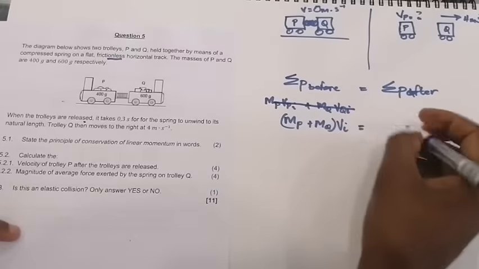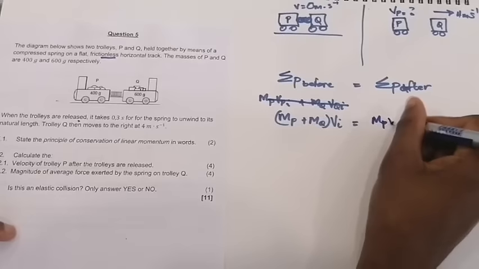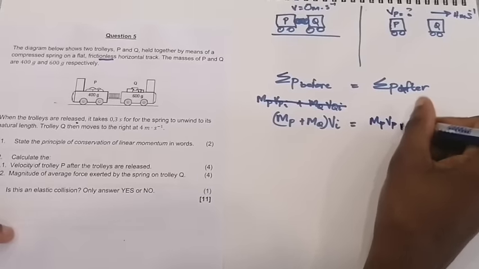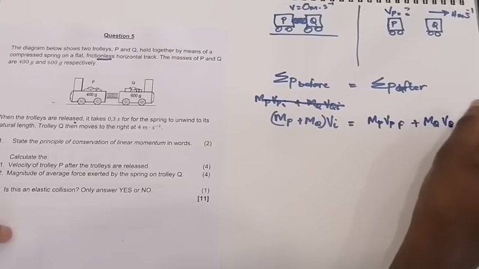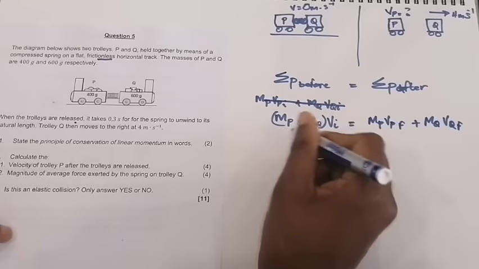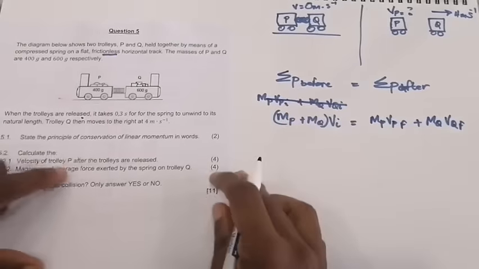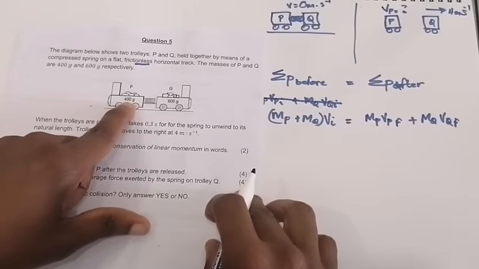Right, so in this case, what do we have? After collision, now we separate P and Q. MP VP final plus MQ VQ final, okay? Right, so in this case, their masses, by the way, please note they were in grams. So we need to convert that to kilograms.